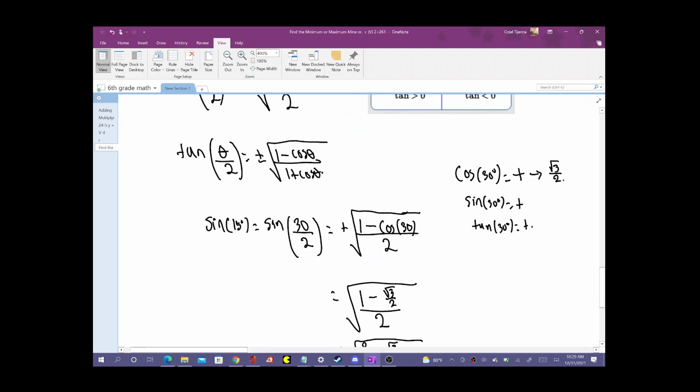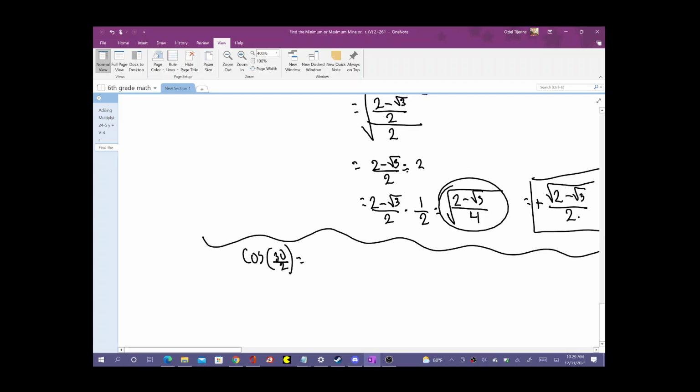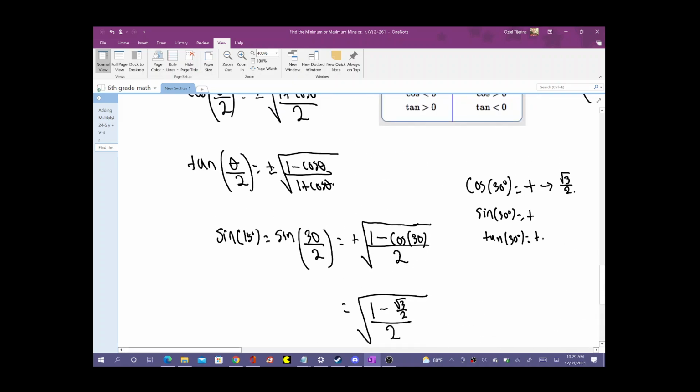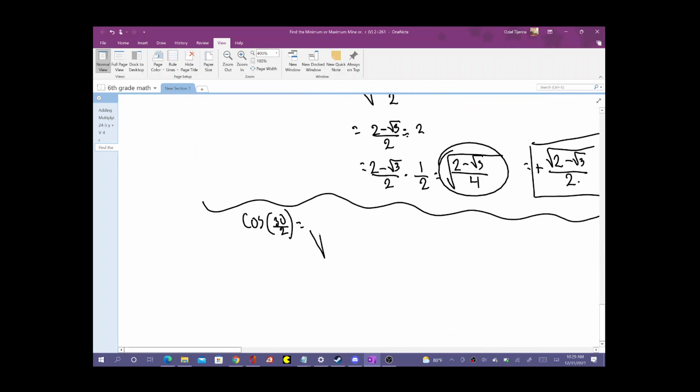Now what about the cosine of 30 over 2, right? The cosine of 30 over 2 is going to be equal to plus or minus, so it's going to be positive because cosine is positive in quadrant 1.